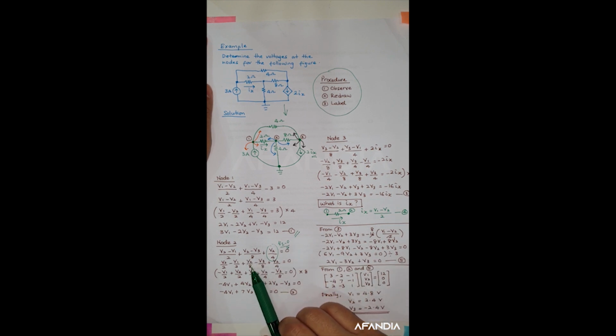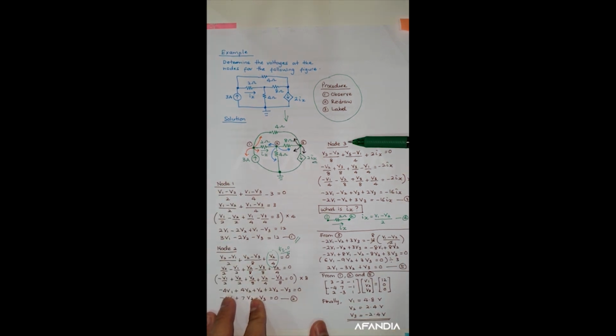I applied the same procedure, so we simplify, and then finally we can multiply it with 8 to simplify the terms, and finally we get minus 4V1 plus 7V2 minus V3 equal to 0.